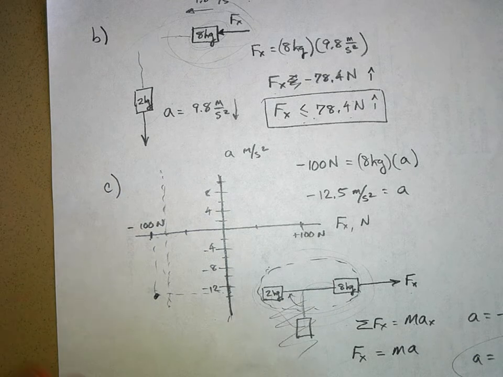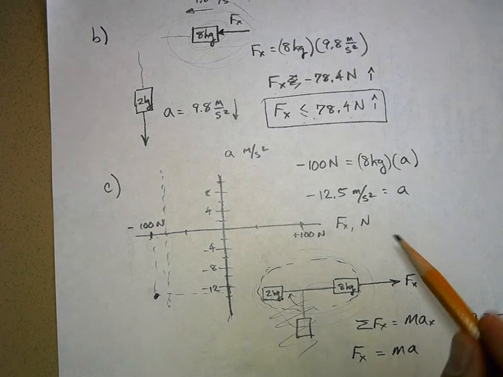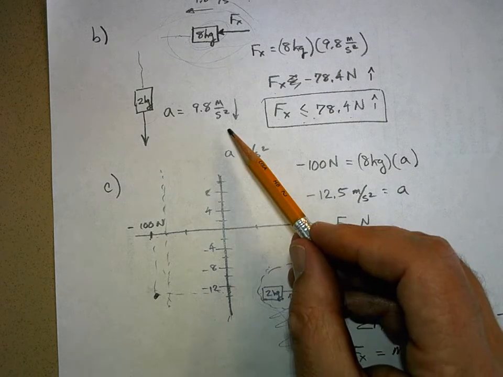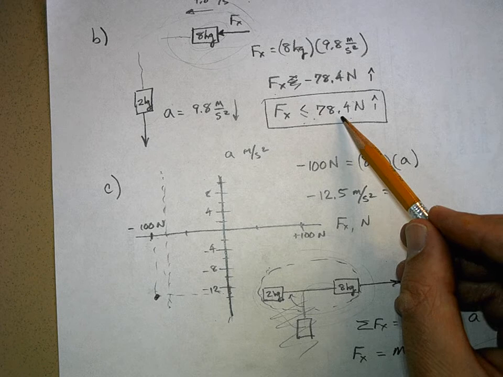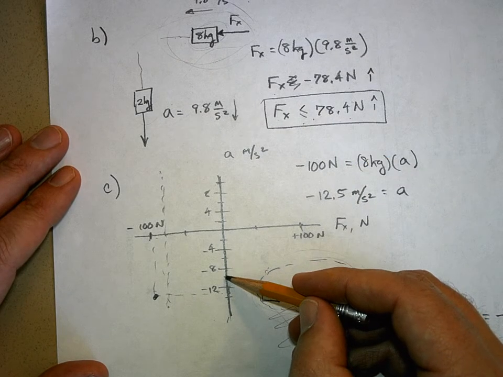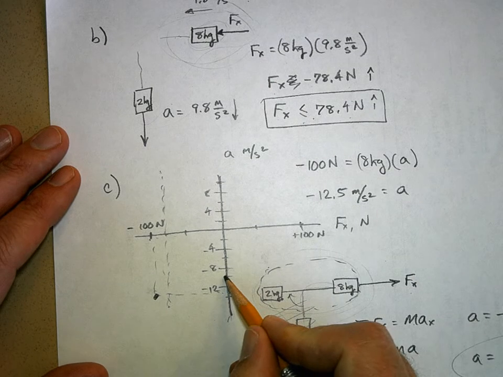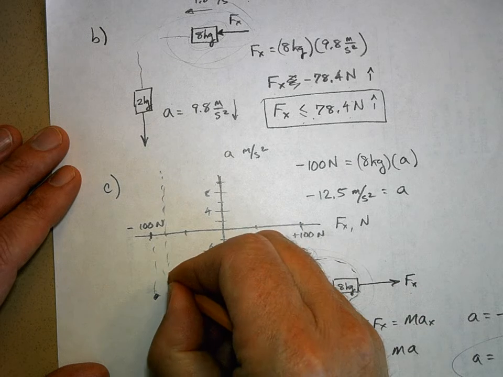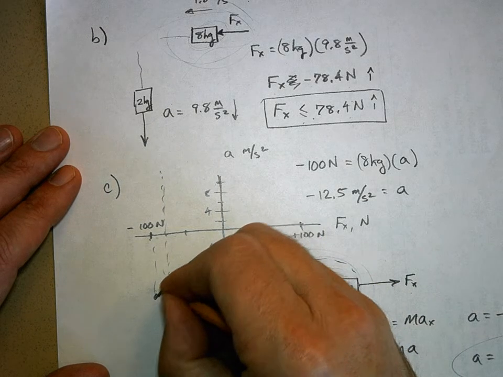And then, well, the acceleration was negative 9.8 when we were at negative 78.4. So where's 9.8? Well, here's negative 8, negative 10. So it's just about where negative 10 is. And it's going to be linear.